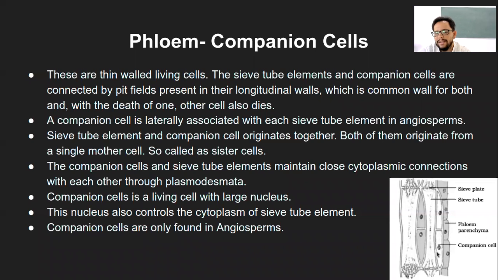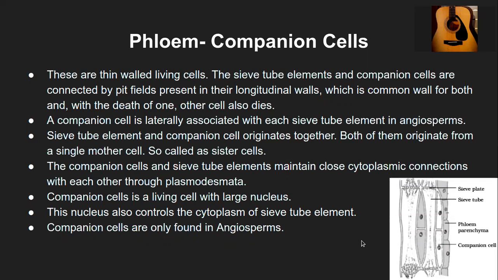So these two cells, the sieve tube and the companion cell, have a small tubular structure across their common cell wall, and through that they exchange certain materials. That is what is known as plasmodesmata, and the function is to allow the exchange of cellular materials.